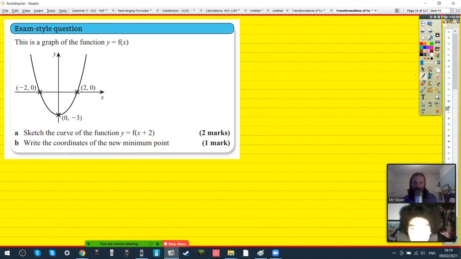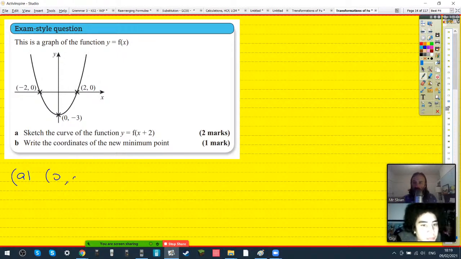Right. How about this? This is not a drawing. It's now a sketch. Sketch the curve y = f(x) + 2. Right, coordinates of the new minimum point. Coordinates for the one on the left would be 0, 0.